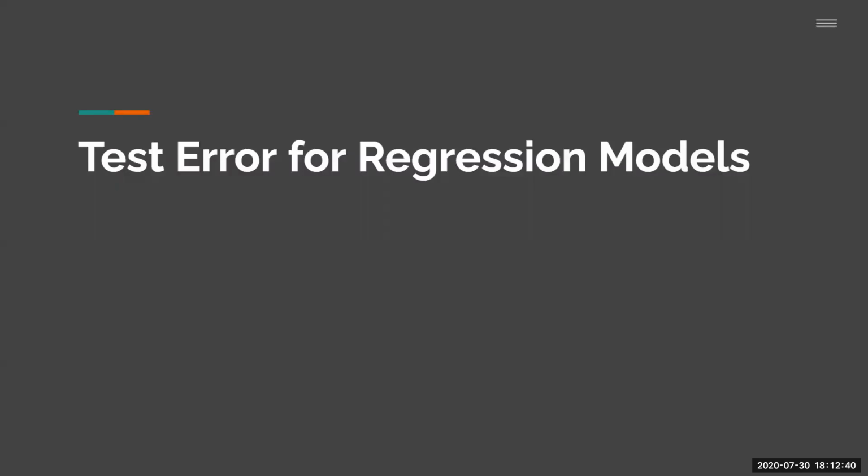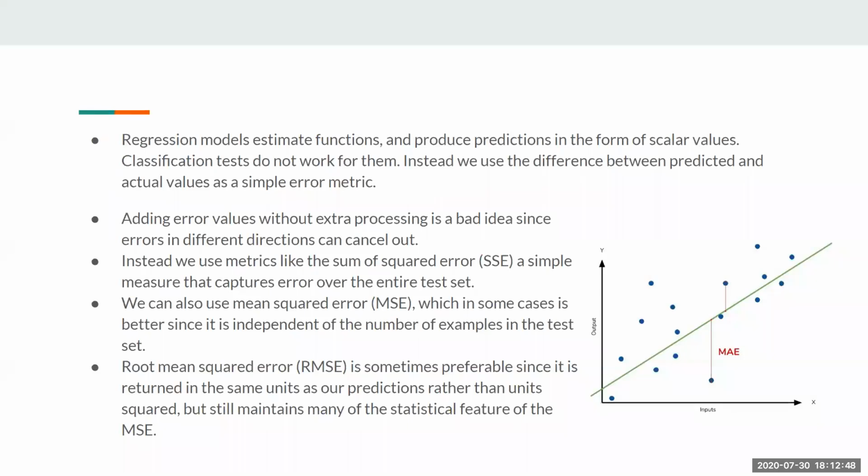All right, moving on to regression models. Regression models do not have these same test statistics, but they do have something called test error. Regression models are machine learning models that estimate a function, which means once you have your model trained, you can feed in input values and it will produce a prediction in the form of a scalar value or multiple scalar values.